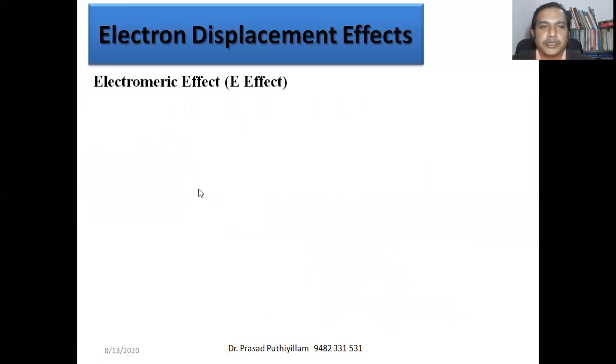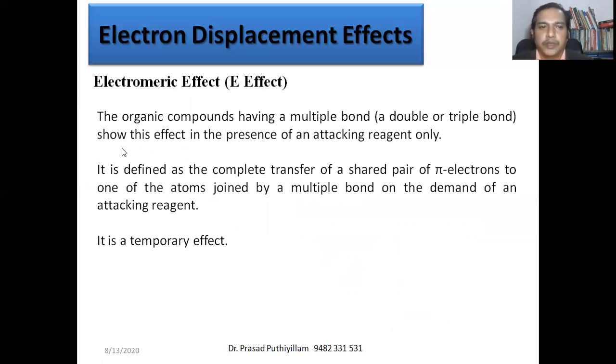Next topic is the electromeric effect. The next type of effect is the E effect. An organic compound having a multiple bond, a double or triple bond, shows this type of effect in the presence of an attacking reagent. The inductive effect we see is between two atoms through a covalent bond having an electronegativity difference.